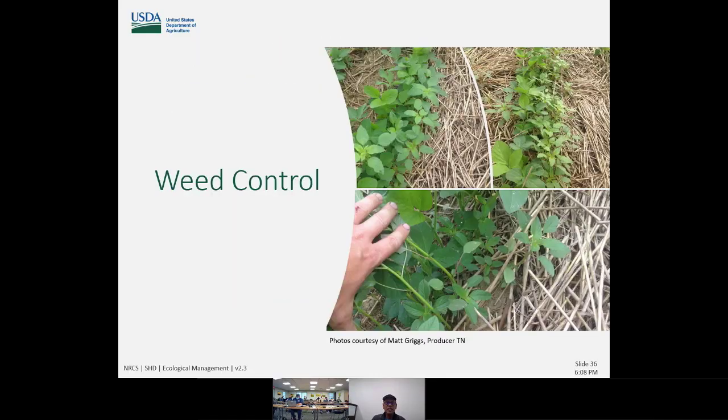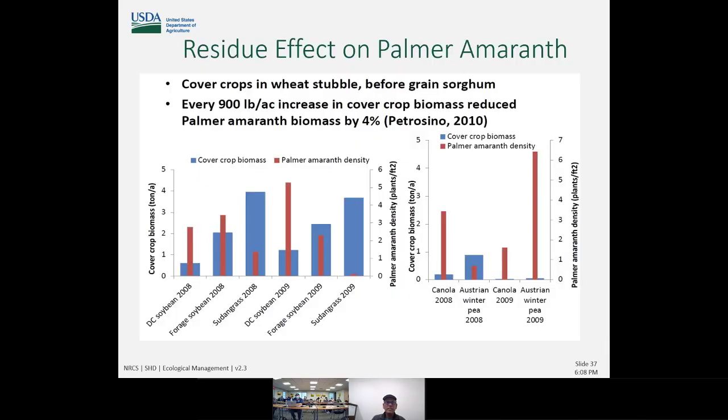One of the examples is here. You can see the cover crop in wheat stubble before grain sorghum. Once you have more biomass in the cover crops, it reduces the Palmer amaranthus biomass, because this is one of the herbicide resistant weeds.